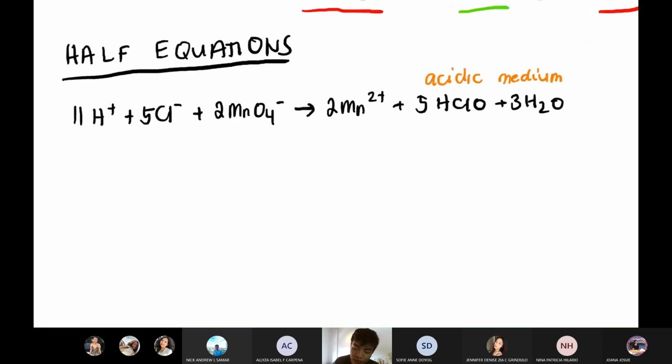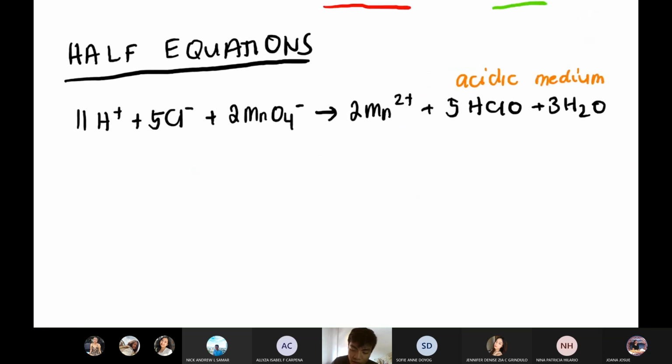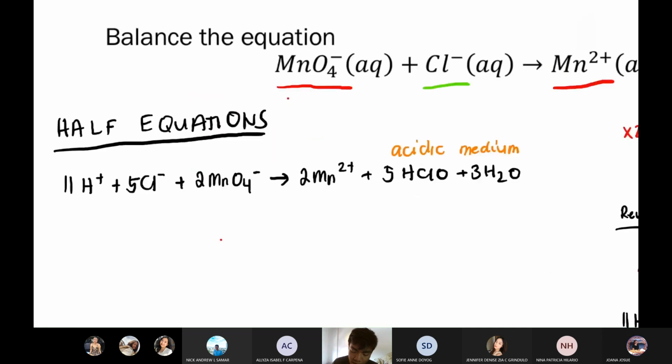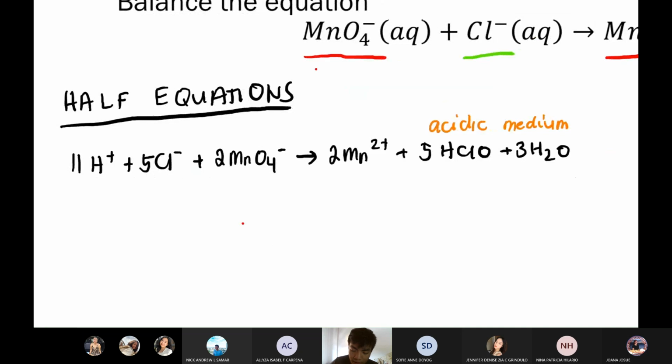So, magdadagdag ka ng OH enough kung ilan yung H+ mo. Ilan kaya idadagdag ko? 11. Kasi 11 yung H+ ko eh. So, magdadagdag ako ng 11 na OH. 11 OH plus, yan. Okay. So, kulang na sa space kaya ginanong ko na lang.